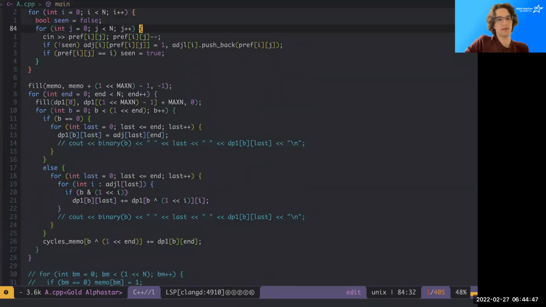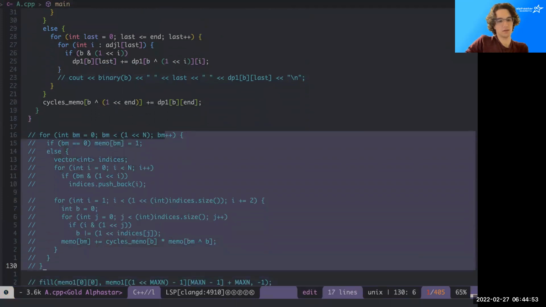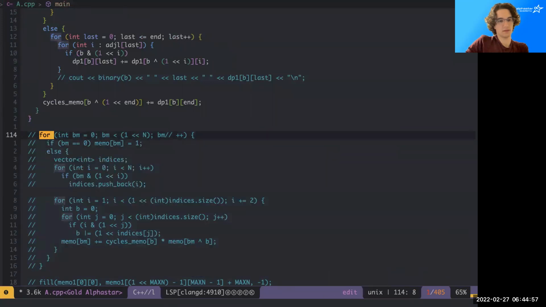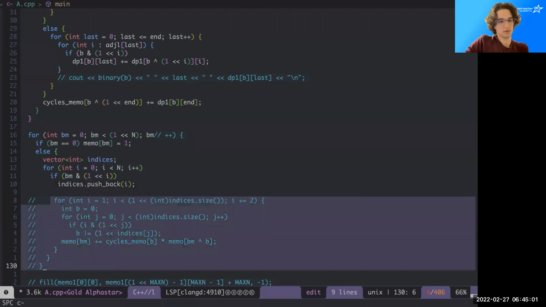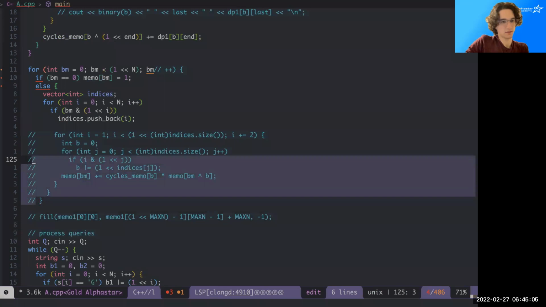Oh, we shouldn't be filling with negative ones in that case. We're incrementing. That could be the entire reason it fails. Comment that, please.